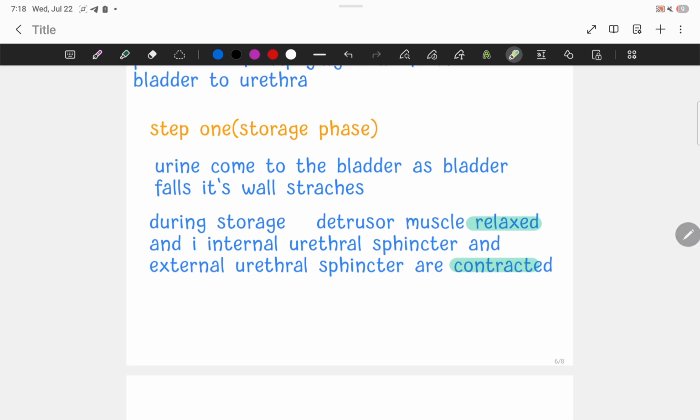During that storage, the detrusor muscle is relaxed, and the internal urethral sphincter and external urethral sphincter are contracted. So we have three muscles here. Muscle one is the detrusor muscle. This muscle is relaxed at storage time. At storage time, the internal and external sphincters are contracted. Remember that.